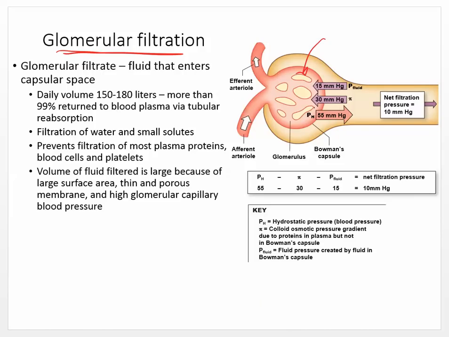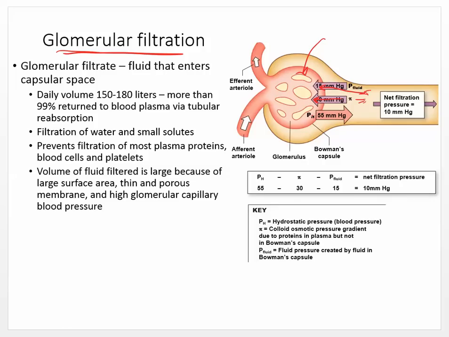In another way, we have a lot of pressures that are pushing against it. And the main pressure, I'm just going to say this, we do have some backflow. So there's pressure pushing back because you're trying to push fluid in here and there's only so much space. So that's kind of pushing back. And because we have all these blood cells, we also have some osmotic pressure pushing back.